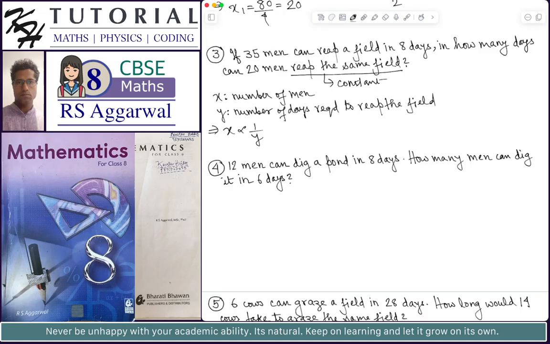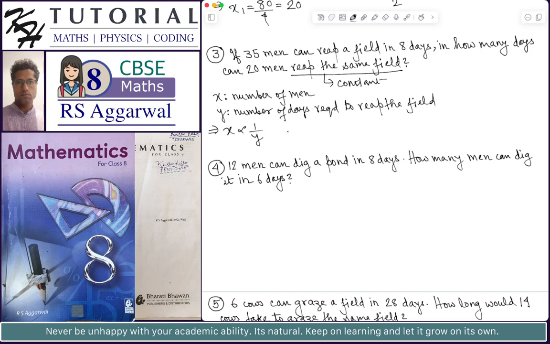That is, x and y are in inverse variation. The concept to understand is that the amount of work is constant. That is, the amount of work in this problem is reaping the same field. That is the constant amount of work.